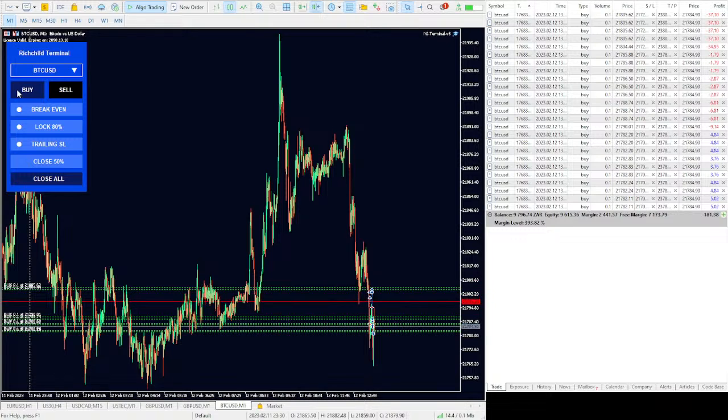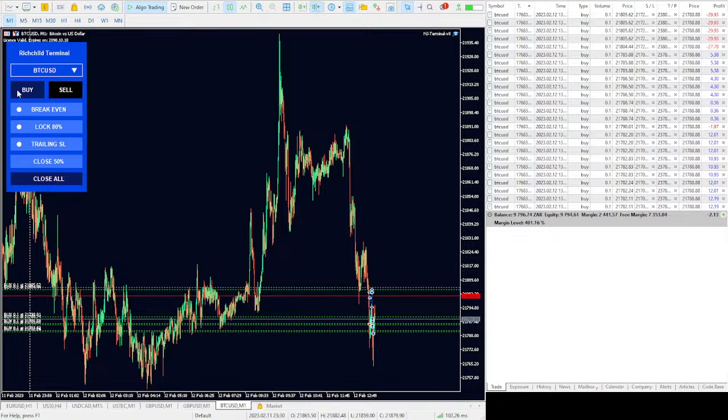The market is not too volatile this weekend, so you can see it's not moving very fast, which is rather annoying, but it's fine. So okay, our market is going up. I think for now we can set break even on. Okay, it went down again.